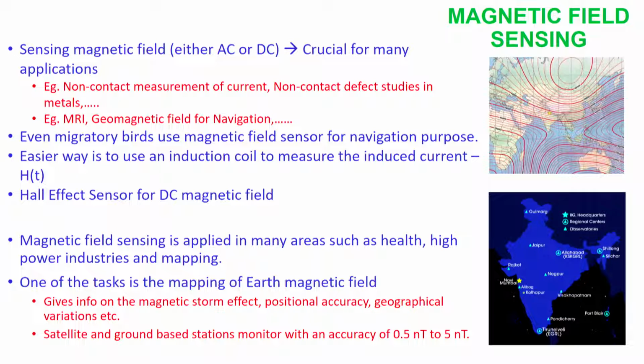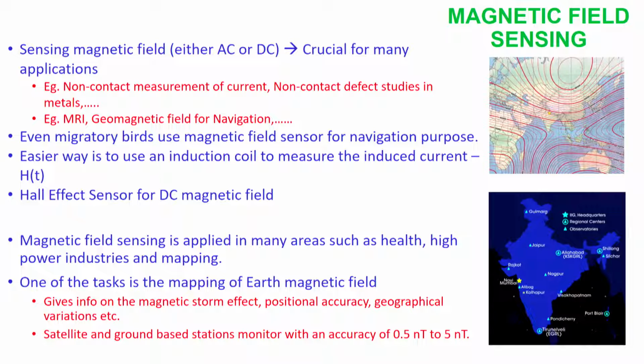What is the easiest way to do magnetic field sensing? Take a simple wire, make a loop, and then you can measure the current flow. That depends on the limit of detection, on how much current flows and how much you are able to measure. So, the whole limit of detection and sensitivity depends on which instrument you use for detection.